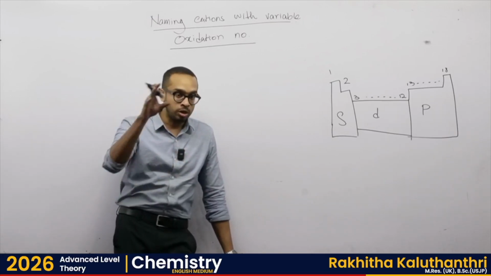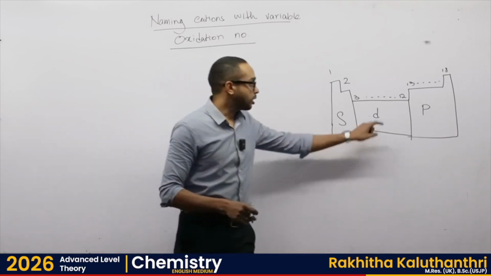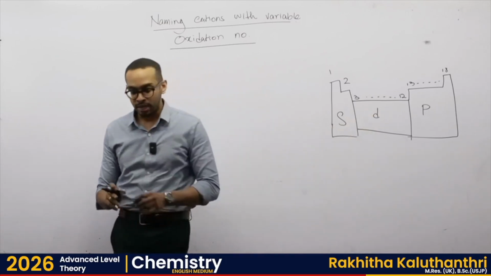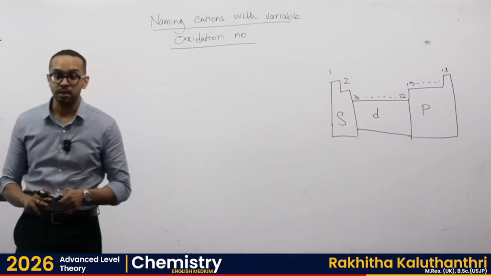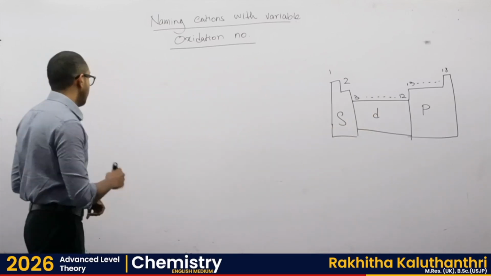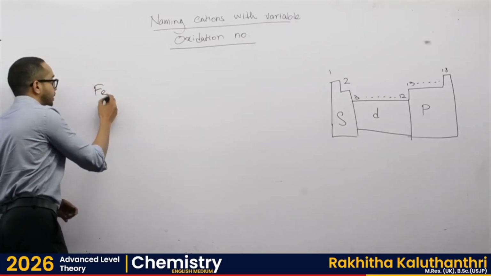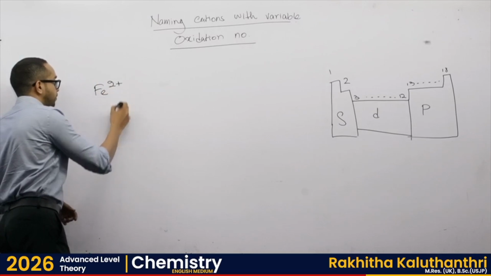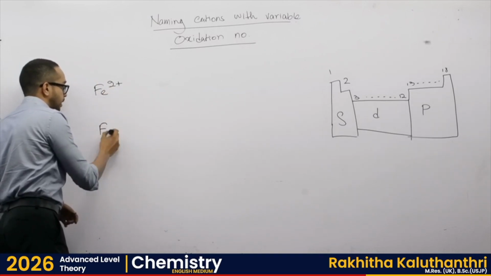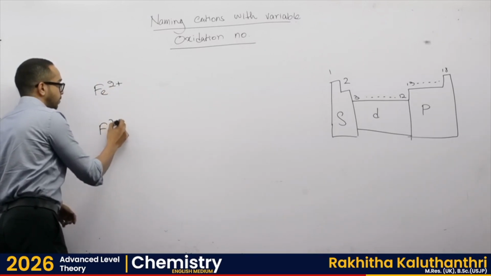These are all things you are going to learn later on. These elements can have more than one oxidation state. For example, I'll take something somewhat familiar to you. If you take Fe, it can form two different ions, Fe2 plus and Fe3 plus.